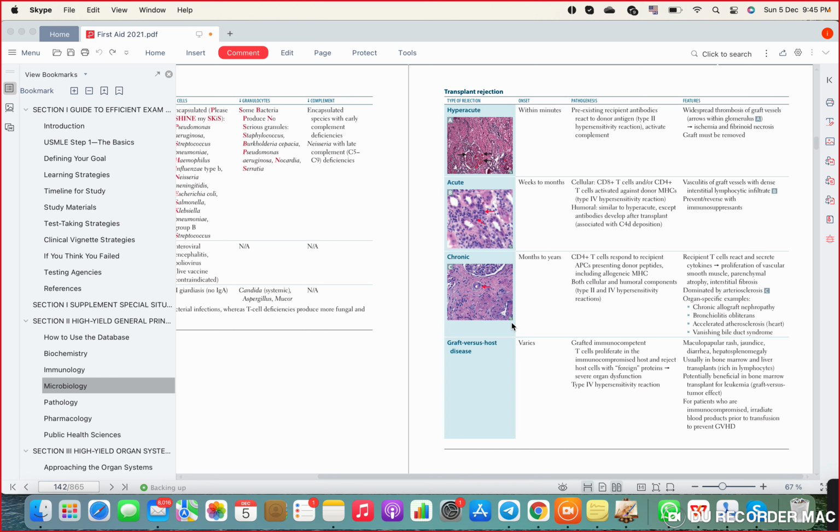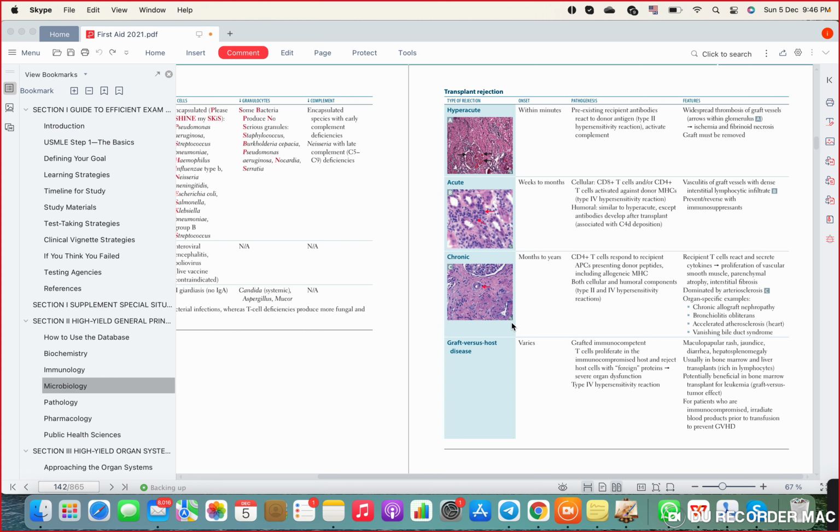One option was host CD4 cells attacking the donor MHC class 2, and the other option was host CD8 cells attacking the donor MHC class 1. I picked the right answer just by guessing CD4 or CD8. I just picked CD8, and that came out right.